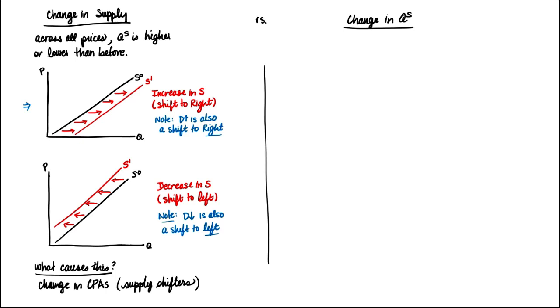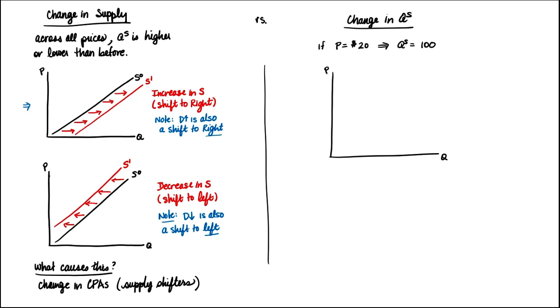Let's contrast that with a change in quantity supplied. A change in quantity supplied means that, for example, if price equals 20 and your quantity supplied is 100 units, that's where you were, and now you're moving away from that. Let's illustrate this.